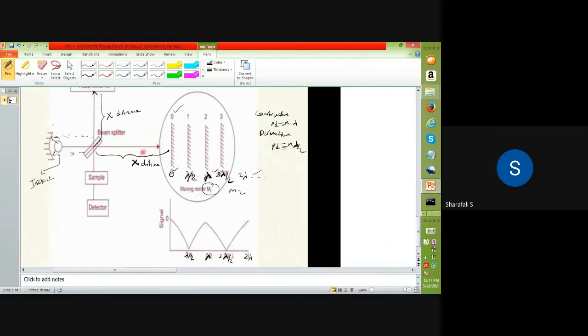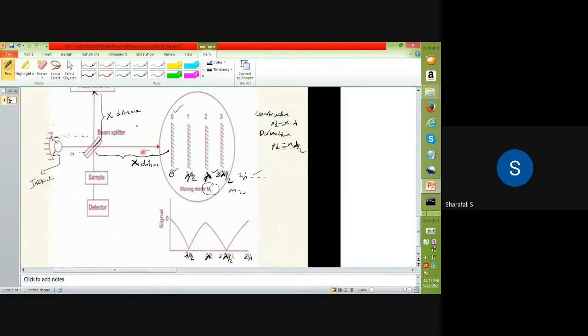So both these mirrors are at x distance, so the radiation coming will experience a path difference equal to 0, because the distances from the beam splitter to M1 and to M2 are the same.